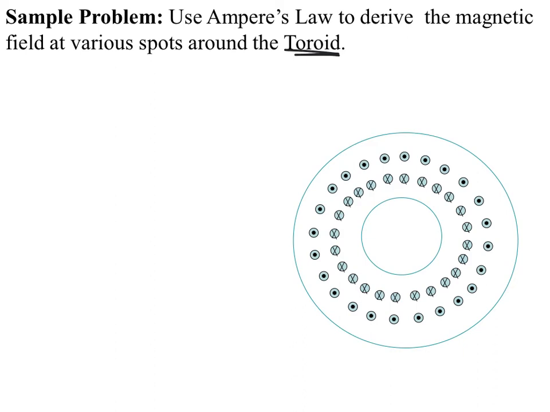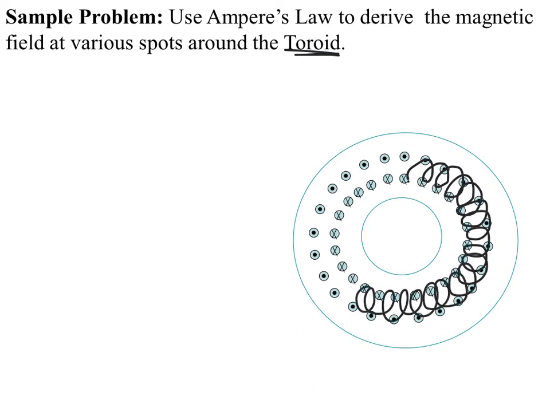Take a solenoid, which is again a long loop of coils, and now turn it around on itself into a donut. And now you have a toroid. Each of these represents a loop, a coil of wire that is now looped around on itself, and they are looping all the way around just like this to make our continuous wire.